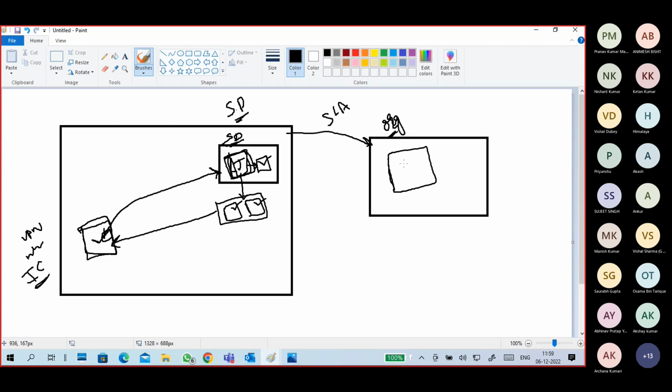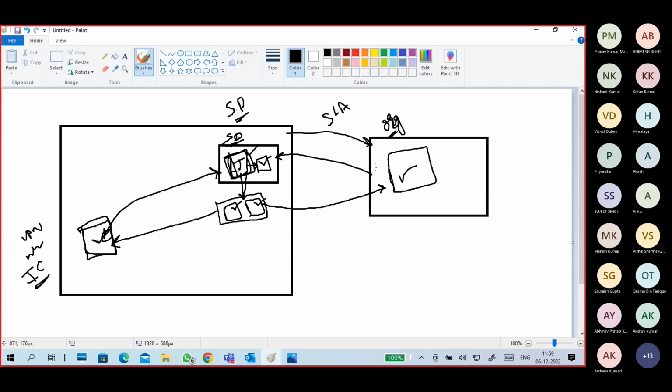As per that, if something happens, some issue occurs or some requirement arises, what will they do? They will approach the service desk. The service desk will discuss the issue and create a ticket. The ticket either they will handle or forward to a team. The team either resolves it from their side or approaches the customer.